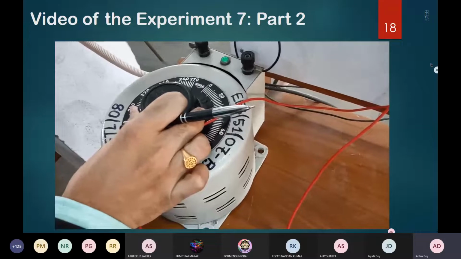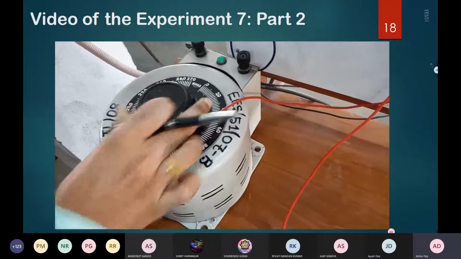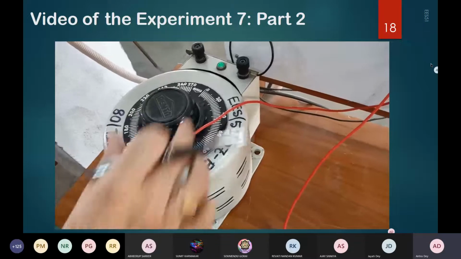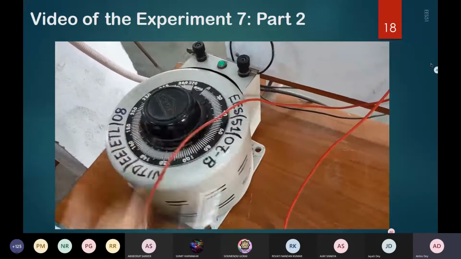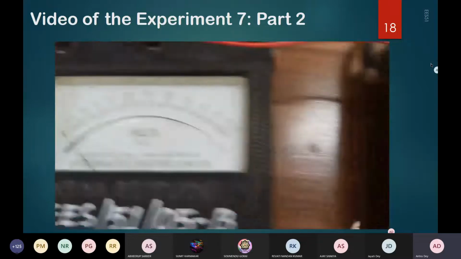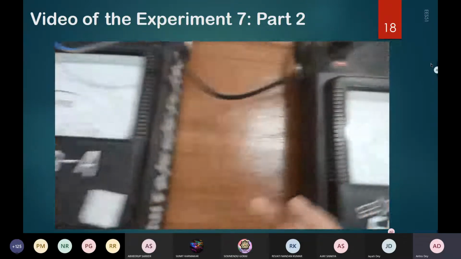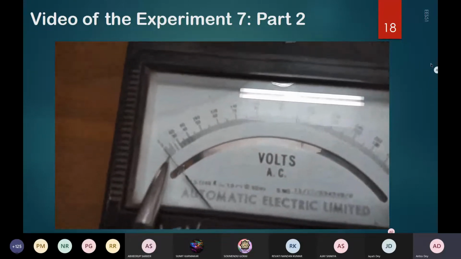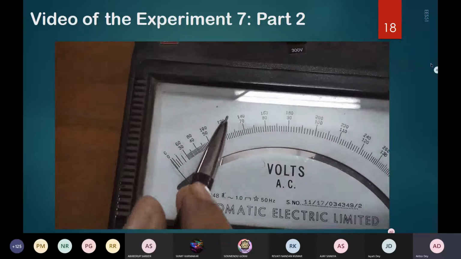As it is a nonlinear scale on this AC voltmeter, you cannot see very well, but still this is for 20 here, and here also we have to take the above scale.